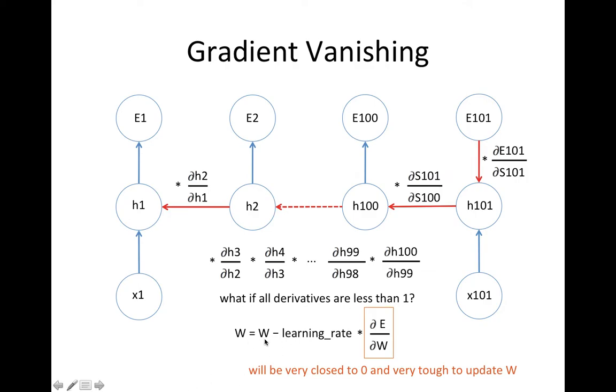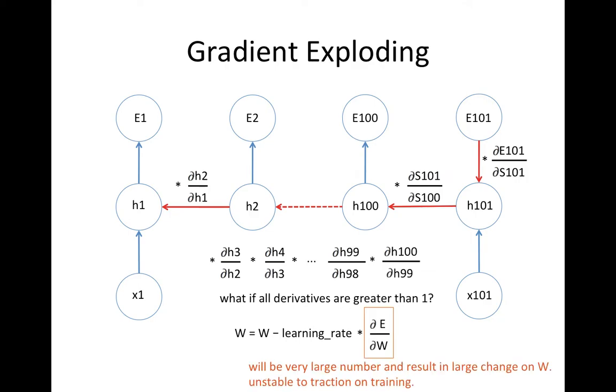That means the new weight value is almost the same as the old weight value. That means even if you train for a long time, the weight value will not be updated, right? So the training time will be forever or very long, and you cannot get an optimized model. We call it the gradient vanishing issue.